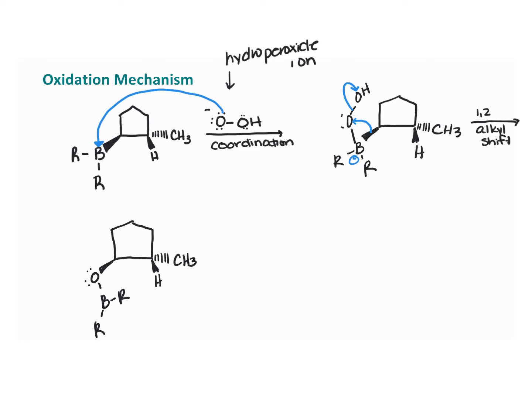You end up repeating this step several more times to get rid of all the R's. So instead of showing that, I'm just going to say here, repeat 2 times, okay? To change these R's over.